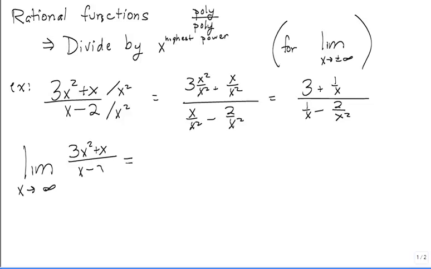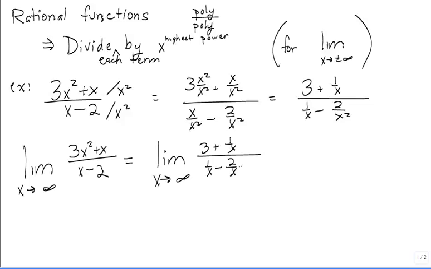Divide each term by x to the highest power in the whole problem. Then that's going to be the same as the limit of 3 plus 1 over x minus 2 over x squared. But when x is very large, this goes to 0, that goes to 0, and that goes to 0. So this is going to be 3 over 0, and that does not exist.